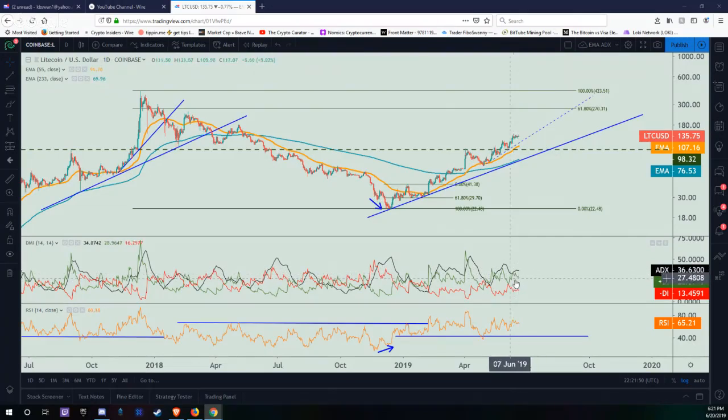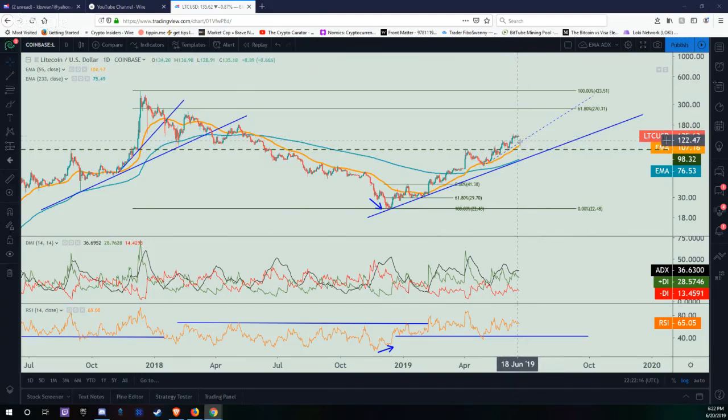The ADX is still strong for the bulls, just from a broad market perspective, and we're trading within this bullish zone. I would like to see it dip down below here. I'd like to see some momentum for the bears, maybe a break of this trend line, the darker blue one. Right now, I'm watching this guide of support on this dotted trend line to the upside as we move higher and higher.